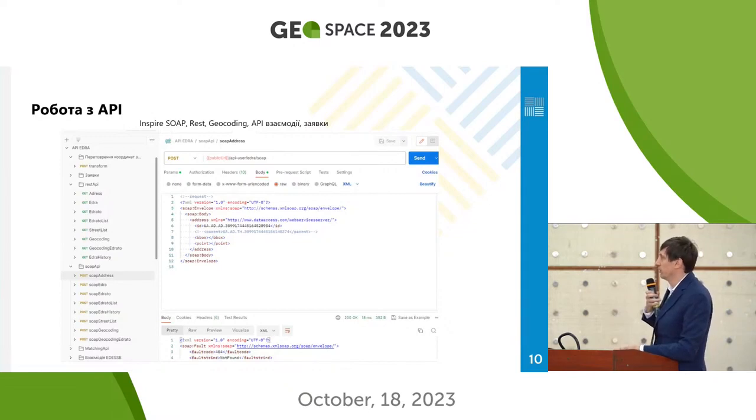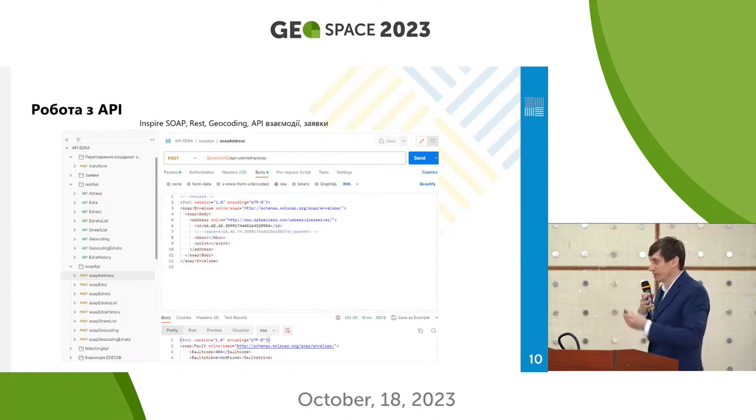You see an example of a request to this system, which makes it possible to use a part of address and to get what you need. Normally people do this through Google, but Google doesn't have such a broad database of addresses in Ukraine, whereas this system is much more comprehensive.